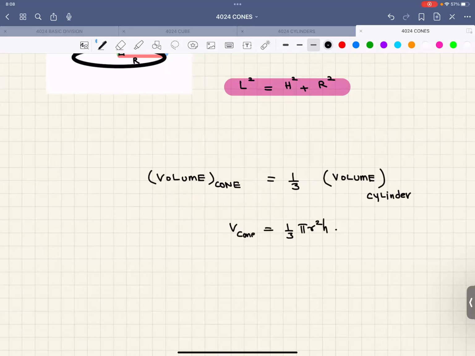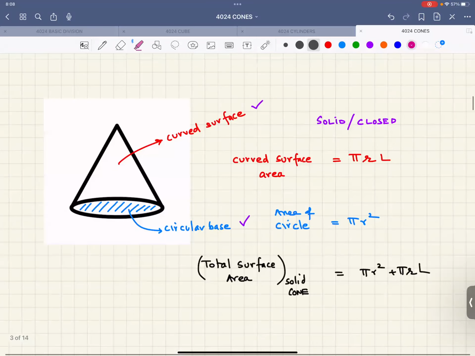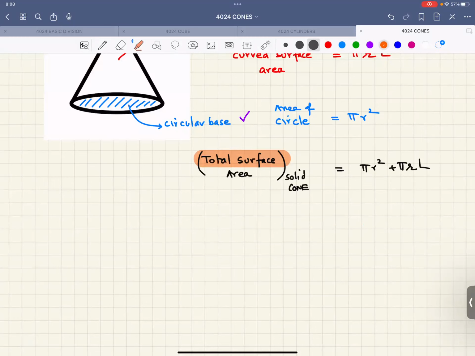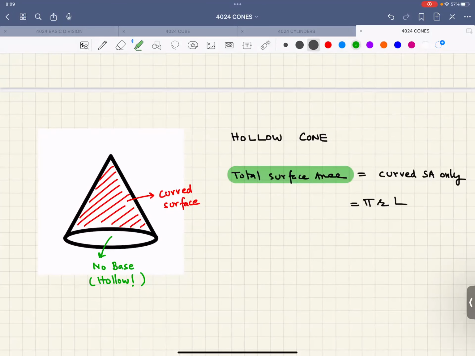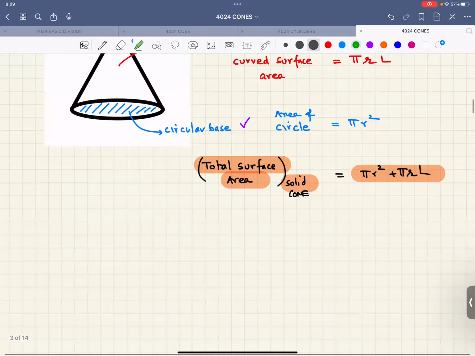So let me also highlight this. And over here, the total surface area of a solid cone is pi r square plus pi r L. Similarly, the total surface area of a hollow cone is simply pi r L.